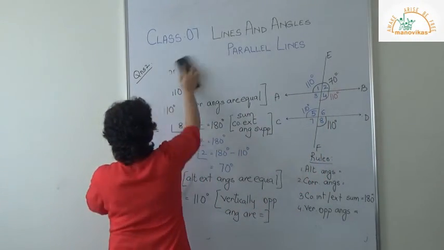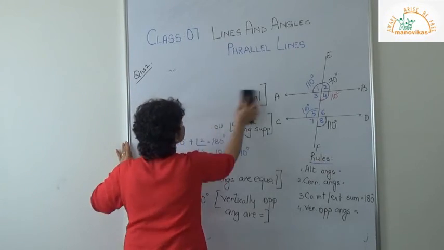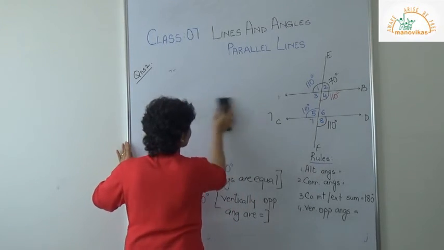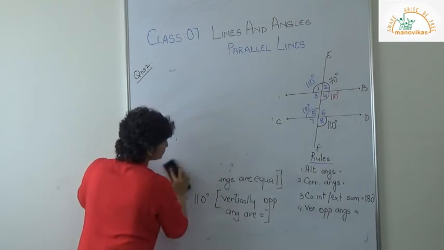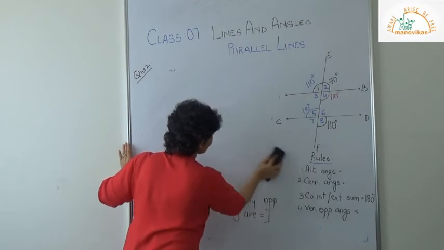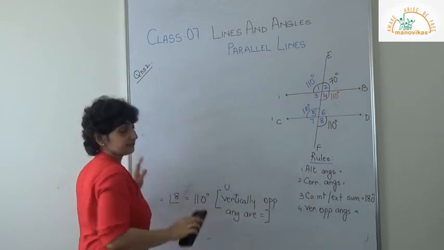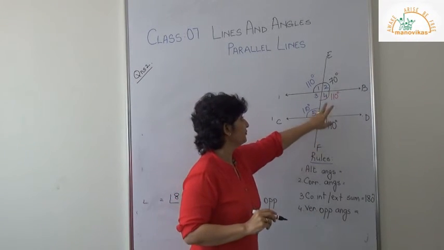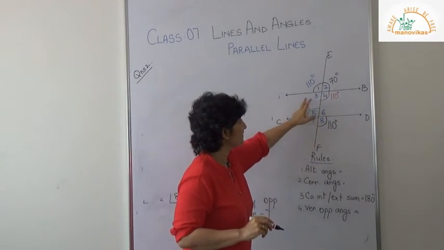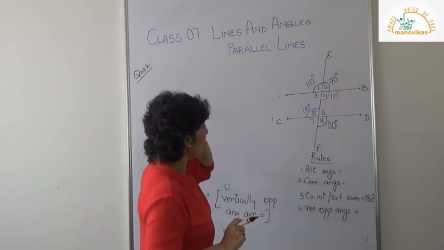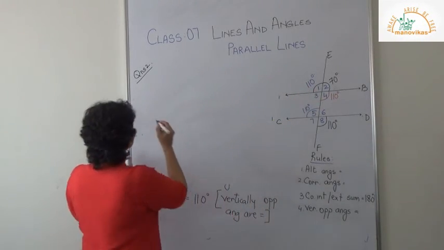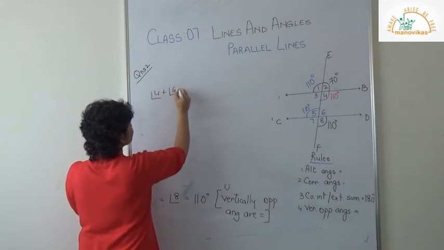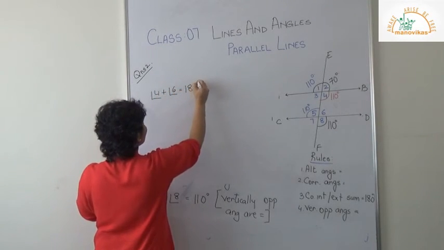Now, let's do that. I'll rub the board here. Now, I cannot use 110 for this now. Neither can I use here. So what do we do? Now what I can do is I take this. Angle 4, children, I know. Angle 4 plus angle 6 is equal to 180 degrees.